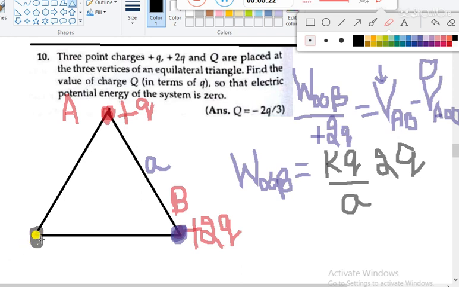If we take this charge from infinity, then at this point, let's call it point C, the final potential is due to charge A and also due to charge B. In the earlier case when C was not present, we took B from infinity to this position, and there was only the potential due to point charge A. But if you have watched my earlier video, I have explained in detail that if this is charge C and we are taking it from infinity to this point, then the initial potential at infinity is 0, but the final potential is due to A and also due to B. This side is a because it is an equilateral triangle, and this side is also a.